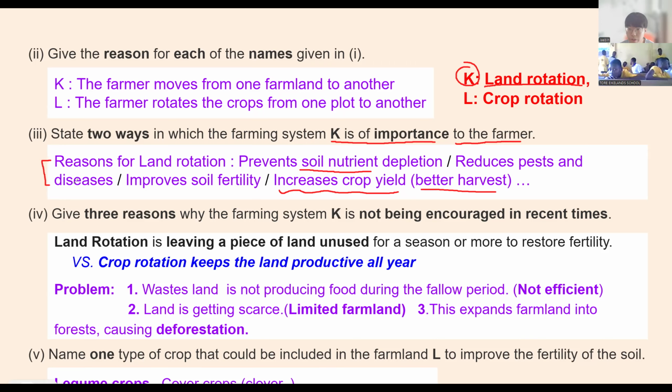So, although there are all of these benefits of land rotation, it's not encouraged because it's very inefficient, because we're using so much land and we're gaining a lot of yield, but we're leaving a lot of these lands empty and, in a sense, wasting them. So it's not the most efficient and preferred method of farming.